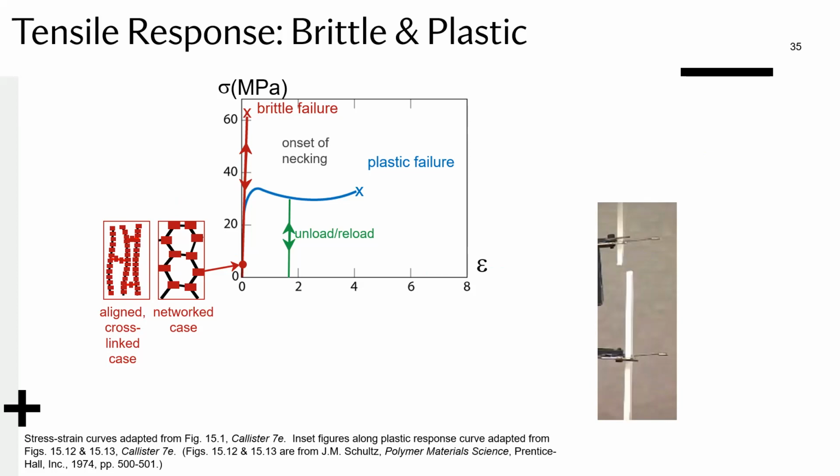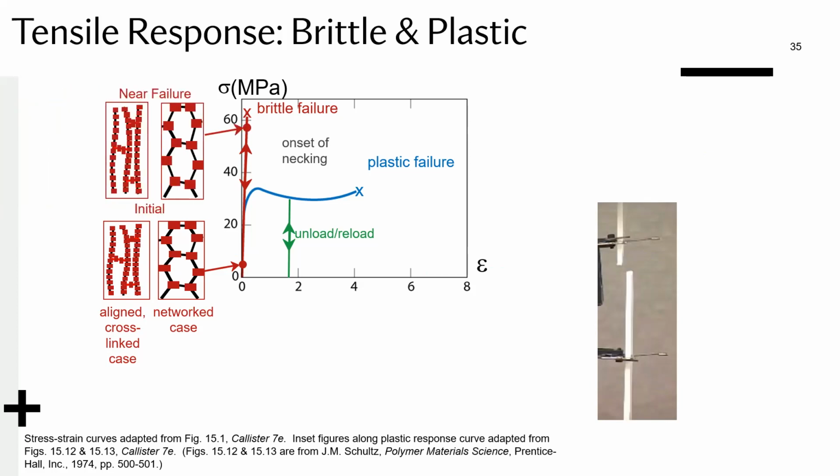What's happening there is that you stretch them until they're elongated as much as they can be. These network pores or microstructural lattices are going to elongate as much as they can.